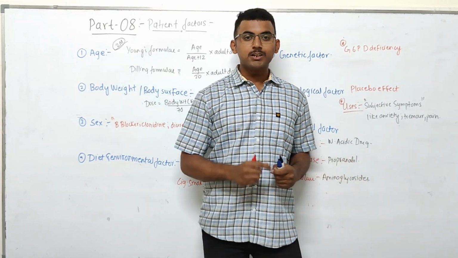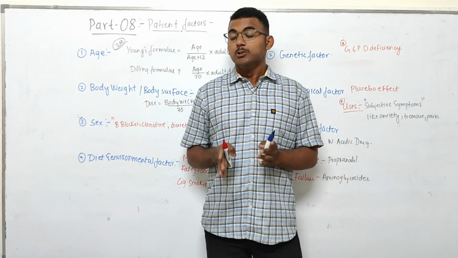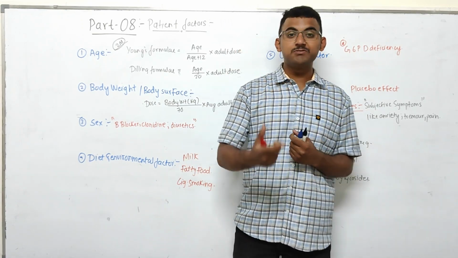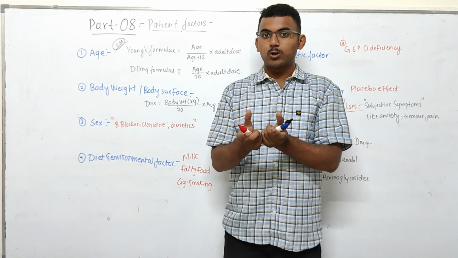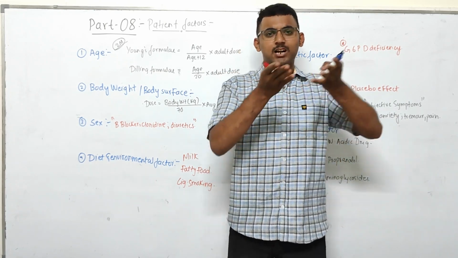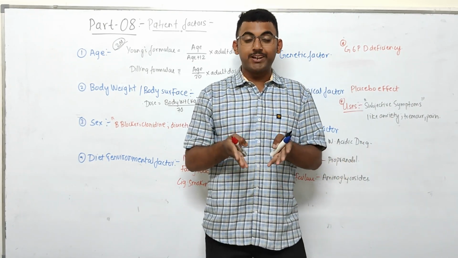When I talk about age, especially in young patients or neonates, the liver and the body organs are not much developed. So the function of that organ is comparatively less than in an adult.